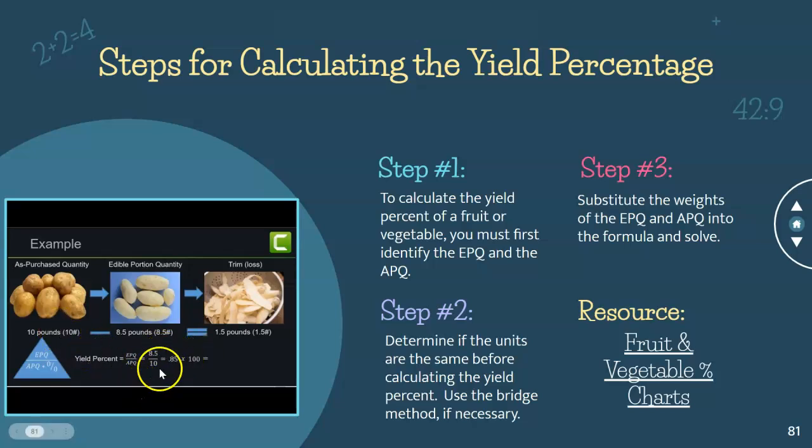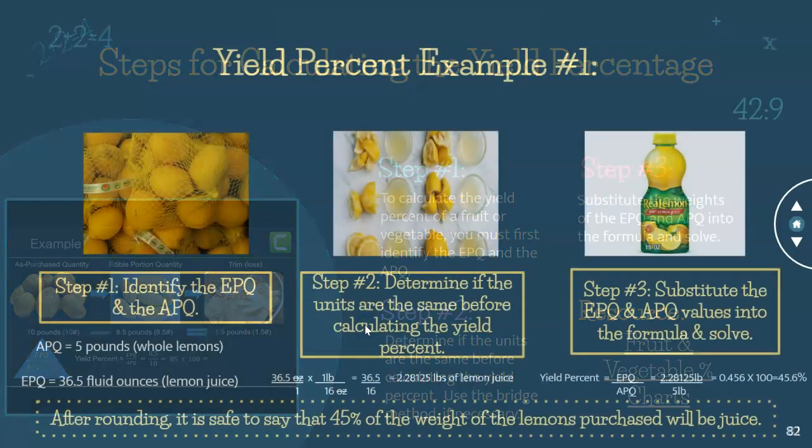So 8.5 divided by 10 equals 0.85 as a decimal. But I want to find out the yield percent, so I'm going to multiply that by 100. Whenever you're finding a percent, it's always out of 100. And I'm going to have 85%, and that is going to give me my full yield percent.